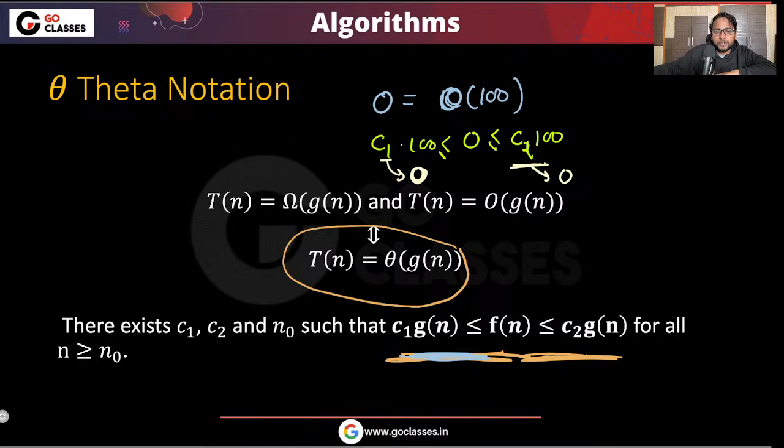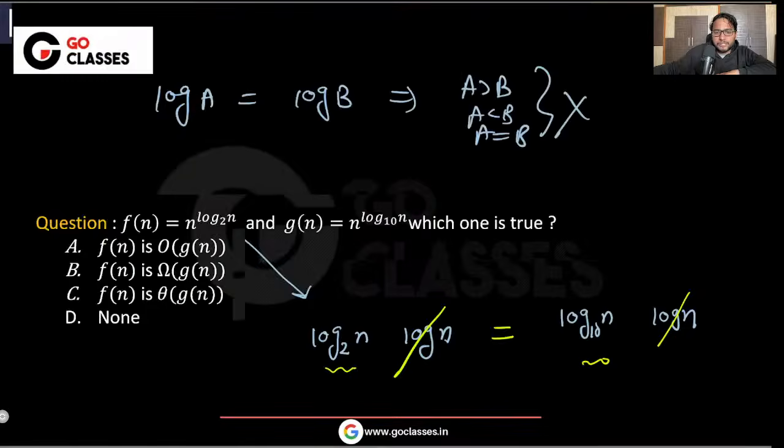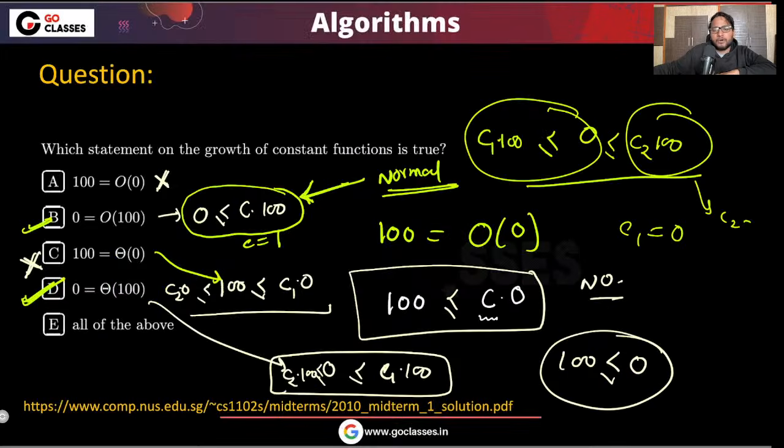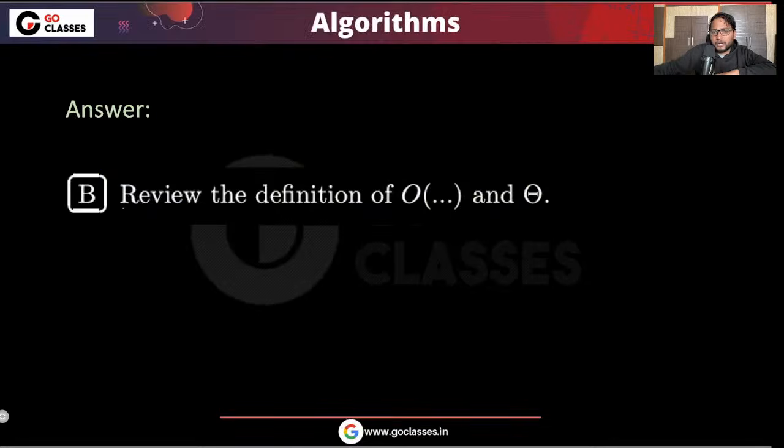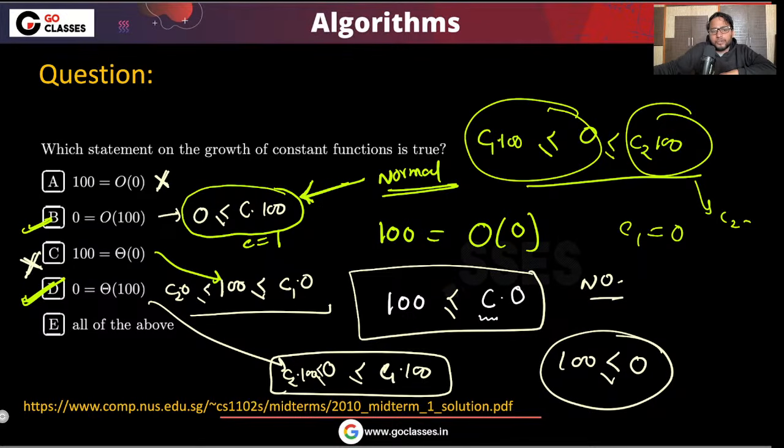We will see if there's a misprint in the answer. Here it is given as only B. I think D should be true because for C1 and C2 we can take C1 as 0 and C2 also as 0, right? Both are 0.